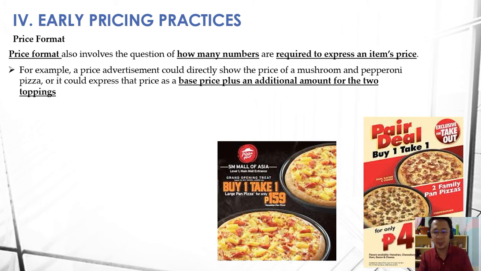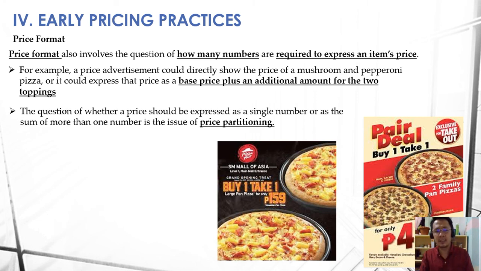Here in my illustration is an example of a buy one take one for 159 pesos, or another product with a two family pan pizza for only 419 pesos for two, buy one take one. So this is some of the example of price format in our market. The question is whether a price should be expressed as a single number or as the sum of more than one number is the issue of price partitioning.